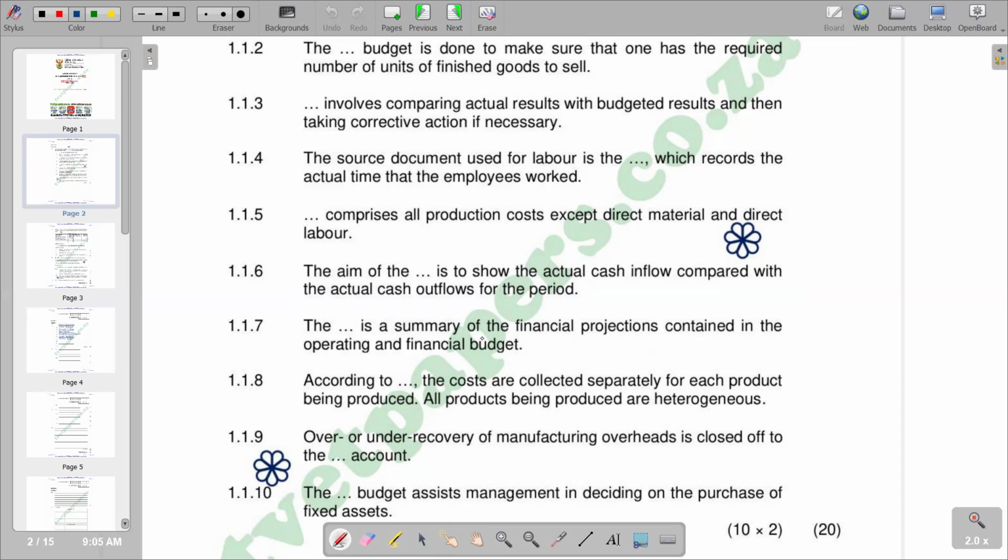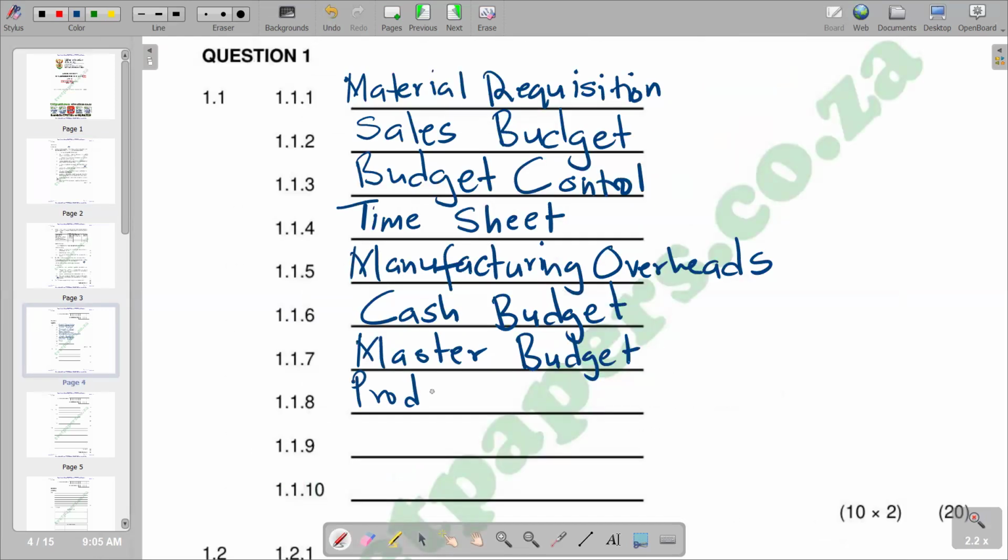So basically, that's the product-oriented cost system. So we have it as the appropriate response for 1.1.8.